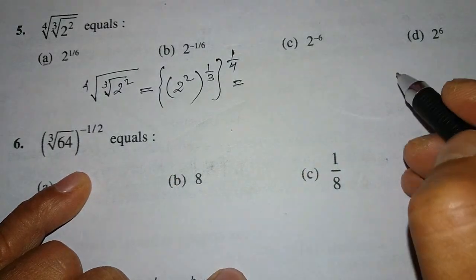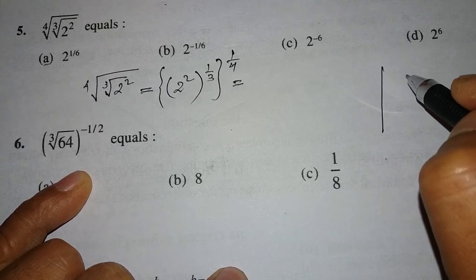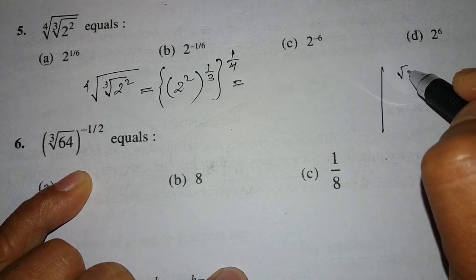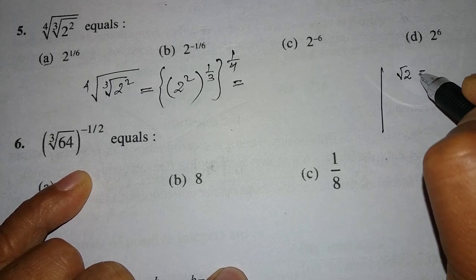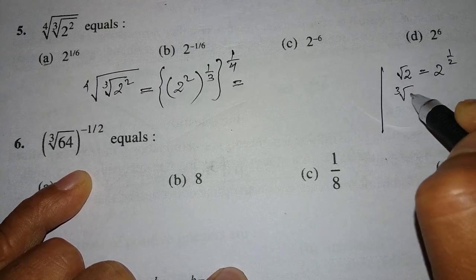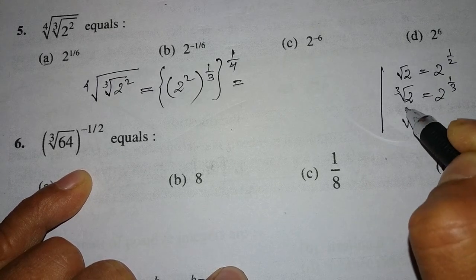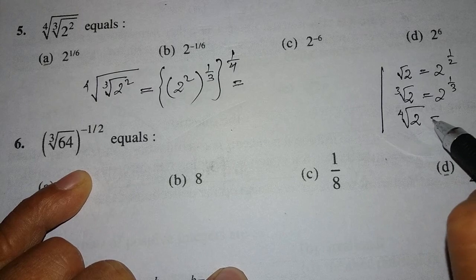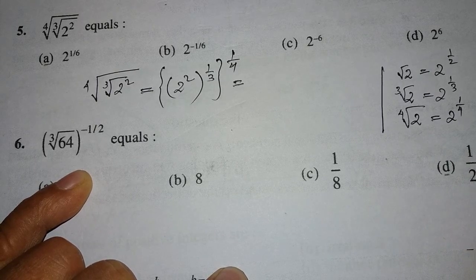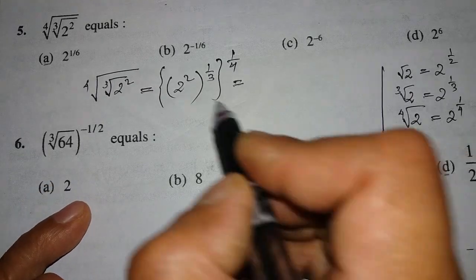Now you have to remember that the square root of some number, let's say 2, is 2 to the power 1 by 2, and if it is the cube root of 2, then it is 2 to the power 1 by 3. If it is the 4th root of 2, then it is 2 to the power 1 by 4. The 5th root is 2 to the power 1 by 5, the 6th root is 2 to the power 1 by 6, and so on.